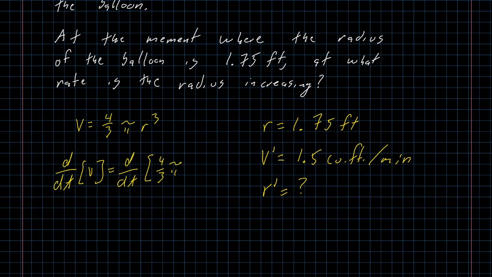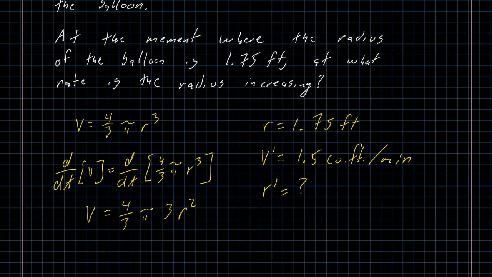Sorry, I'm getting ahead of myself. The derivative of V is just V prime. The derivative of the constant 4/3 pi is just 4/3 pi. Now, the derivative of r cubed, using the power rule, is going to be 3 times r squared.